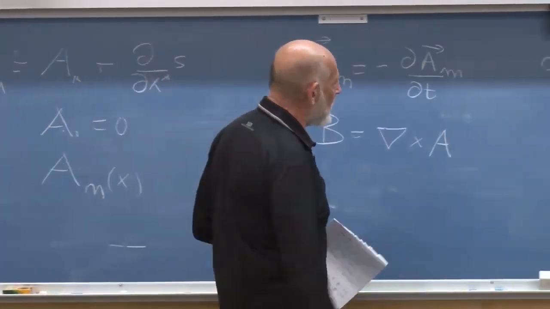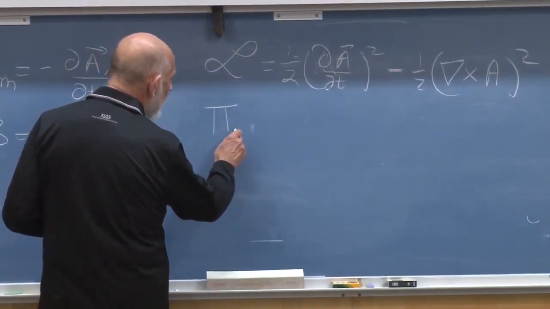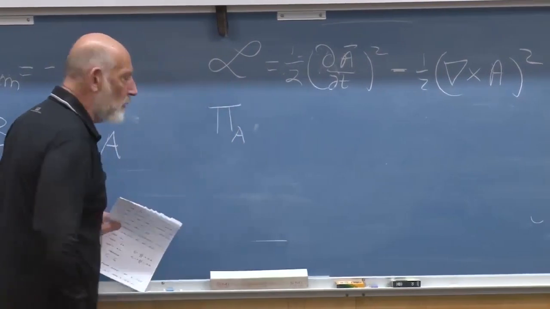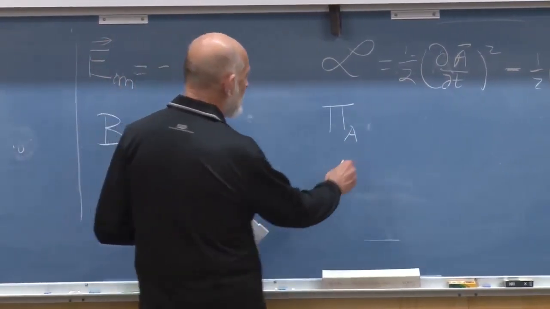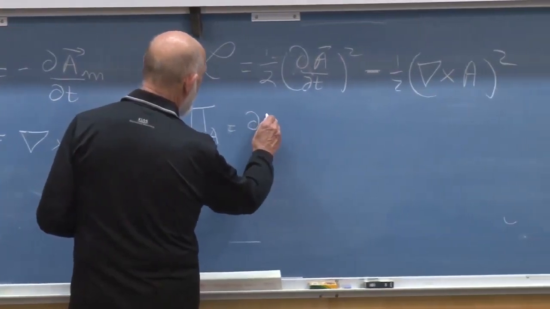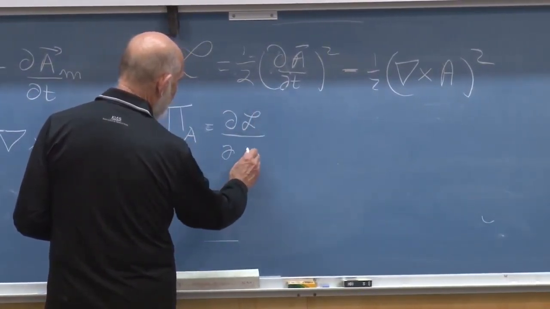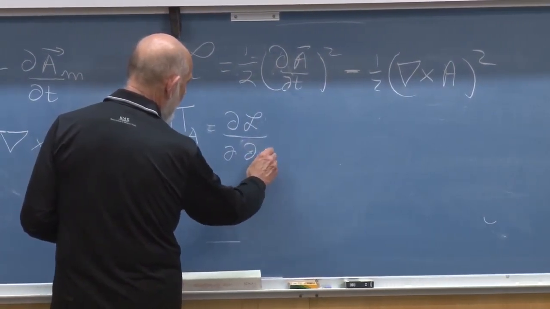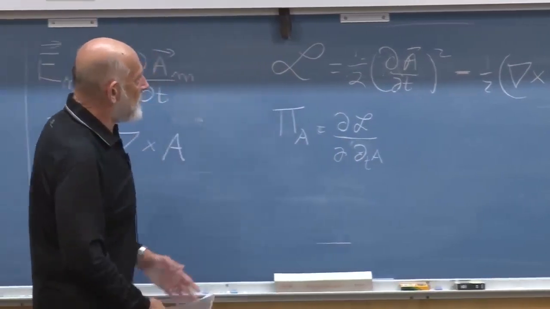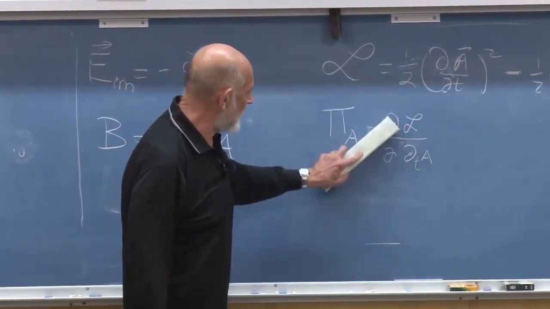But you might ask, what is the canonical momentum conjugate to a particular component of the vector potential? In other words, by definition, the derivative of the Lagrangian with respect to the time derivative of A. Well, it's clearly just dA/dt.